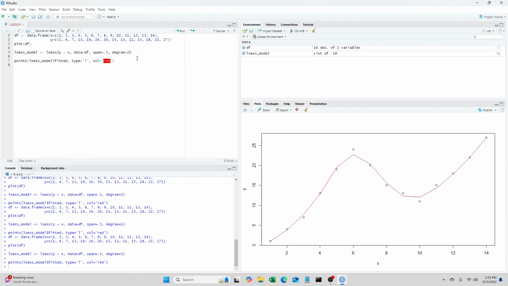And now let's see the effect of this span parameter. If I make it .4 instead of .5, the data fits better. But if this were a bigger data set, you would get a very jaggy LOESS curve here. If we choose to use more of the data for that smoothing window, we will get a much smoother curve.